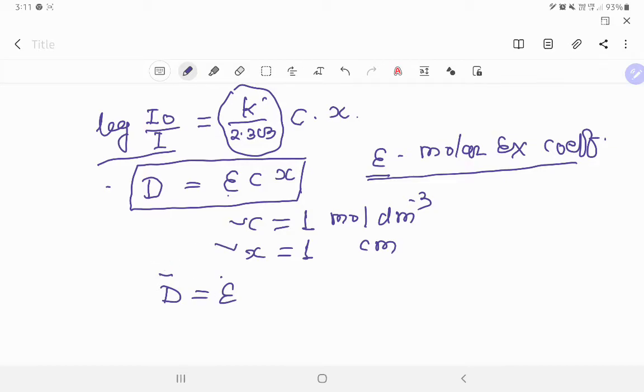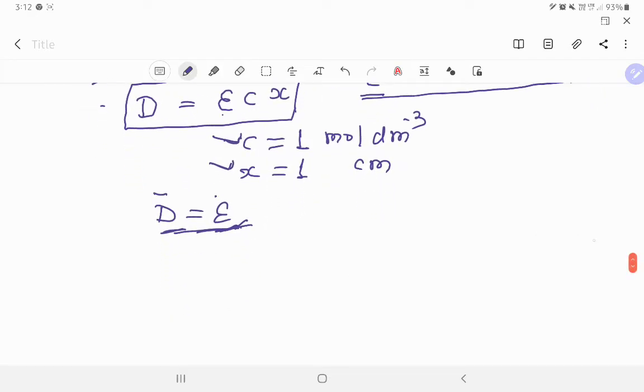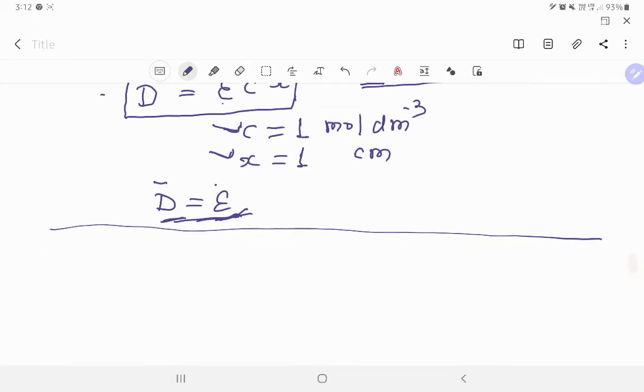Then how will you define this epsilon? The actual statement: molar extinction coefficient is the optical density of a solution having concentration 1 mole per dm cube and thickness of 1 centimeter. Okay, this is the definition of molar extinction coefficient. These are the three laws, and we will see the fourth law of photochemistry.